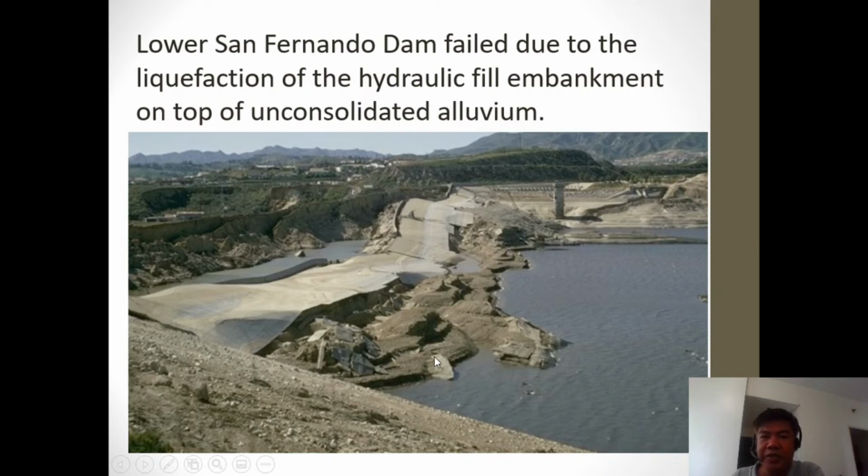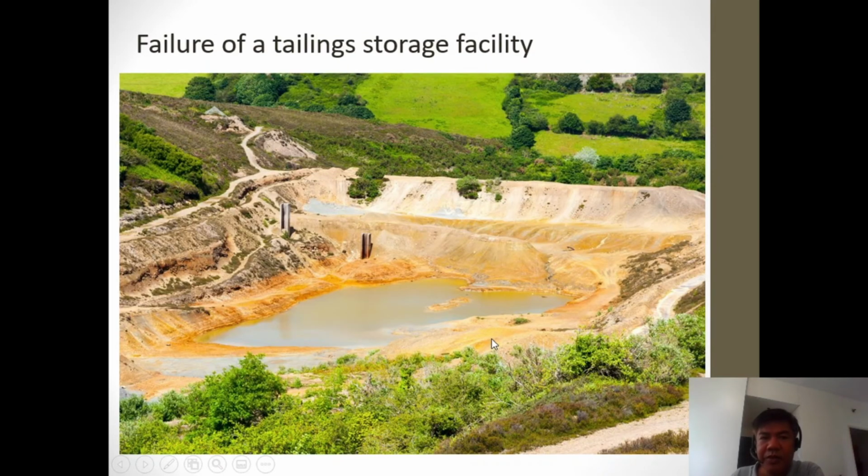So this one, if you can see, this area failed. This is also a failure of a tailings storage facility. It is just small, but there could be some problems not only of the slope, because if you can see, it is just a very small storage facility.